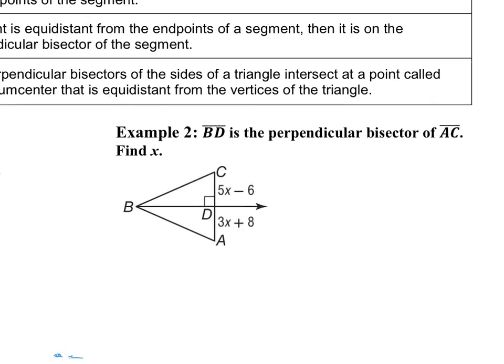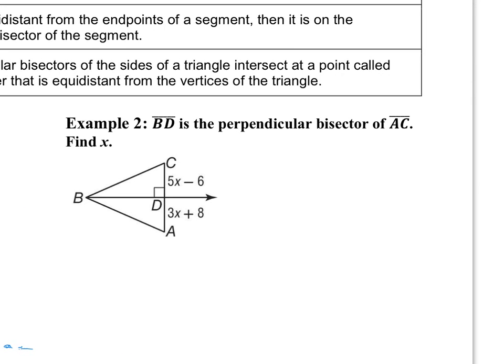Okay, and then on the second problem, it tells us that BD is the perpendicular bisector of AC. So even though we don't see that we have congruent parts, we just see the perpendicular ray going through A and C. It does say it's the bisector, so that means CD is equal to AD.